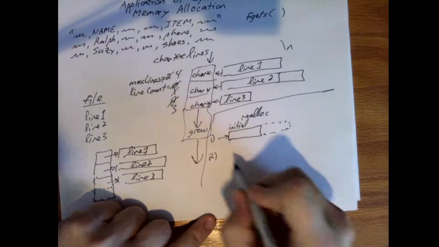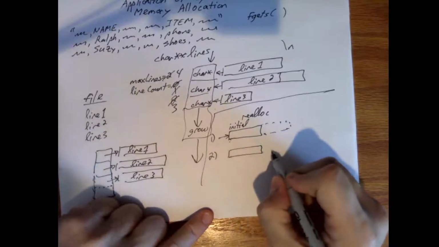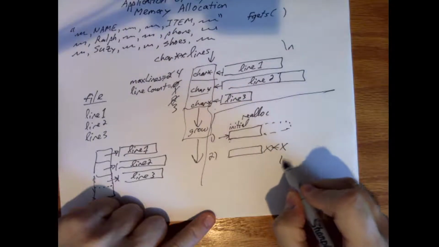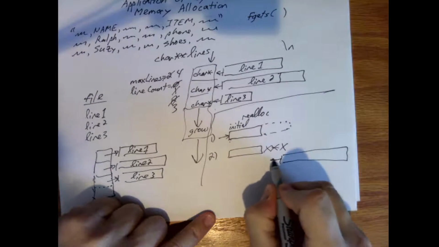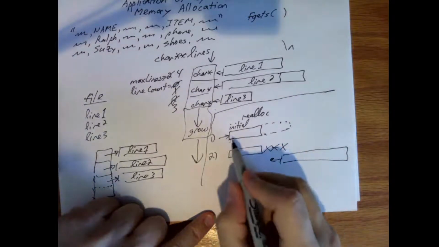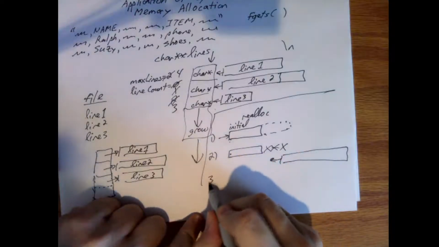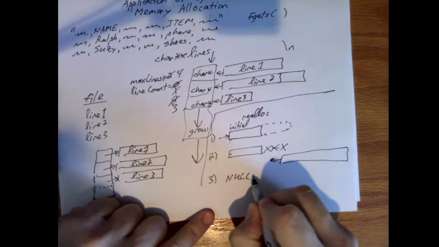Second option. Here's the initial memory, but this space is being used or somewhere over here, so I can't grow it. So what realloc may do instead, it says, well, over here is something big enough to do what you want, so I'm going to return this address, which is different than the address that was given. And the third thing is, I simply can't do what you want, so I return null.